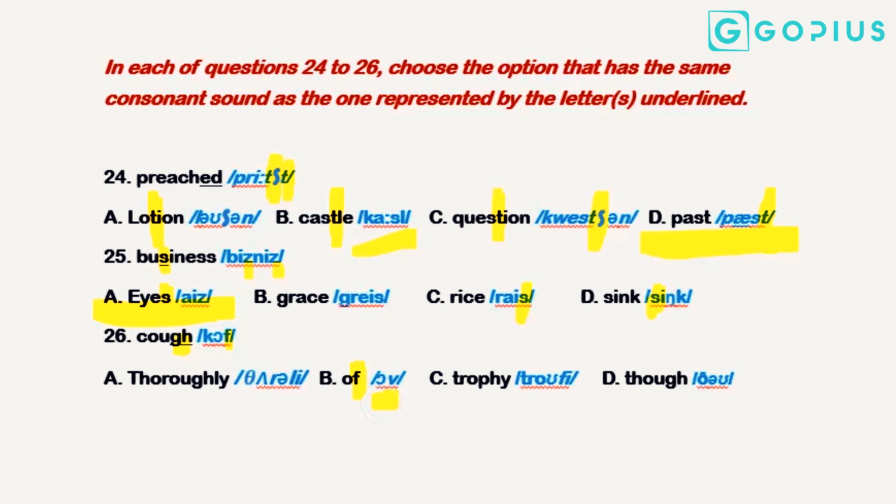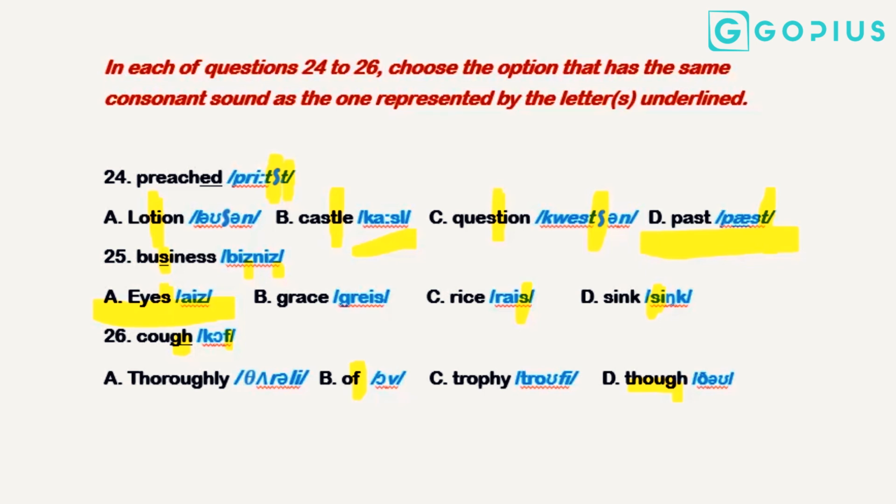All right, so we also have though. We have the GH, but for the transcription of it, the GH is silent. So we're only pronouncing this part here. So there's no F like the one represented. So the answer is trophy.